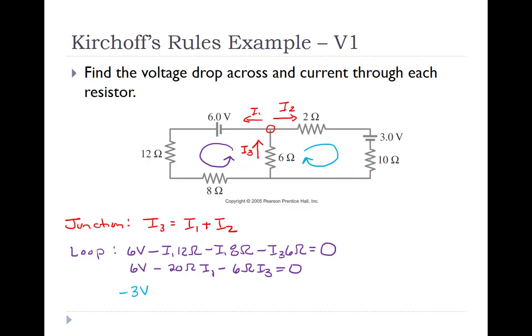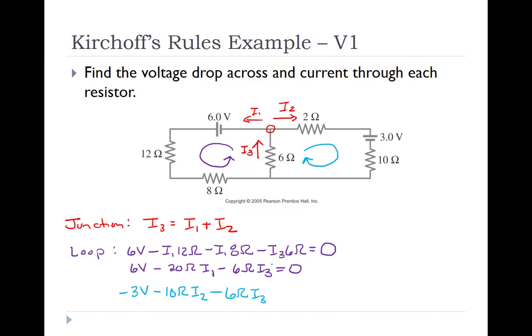I'm going to follow the current through the 10 ohm resistor. So I'm going to subtract off 10 ohms I2. I hit the lower junction, turn up, and go through the 6 ohm resistor in the same direction as I3. So minus 6 ohms I3. Remember, this is IR, and multiplication is commutative, in that 2 times 3 equals 3 times 2.